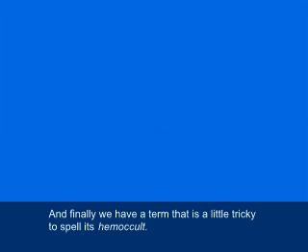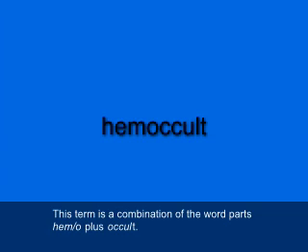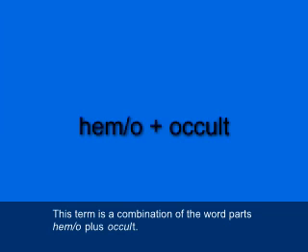And finally, we have a term that is a little tricky to spell. It's hemoccult. Hemoccult is a laboratory test for occult or hidden blood in a stool sample. This term is a combination of the word parts hemo, H-E-M-O, plus occult.